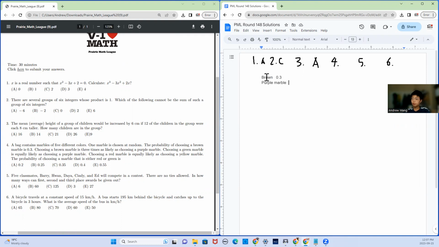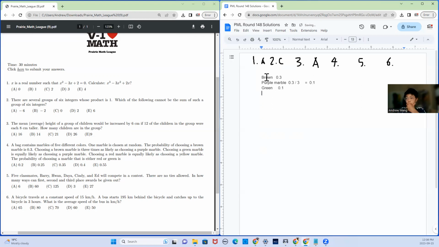That means the purple marble is the brown marble divided by 3. So 0.3 divided by 3 gives us 0.1. So the probability of choosing a purple marble is 0.1. And it says choosing a green marble is equally likely as choosing a purple marble. So green, since it's the same as purple, is also 0.1.